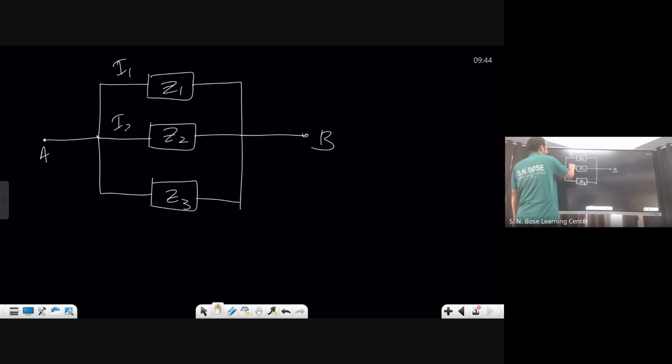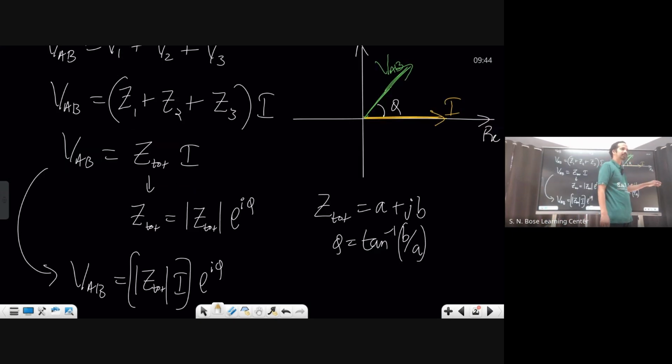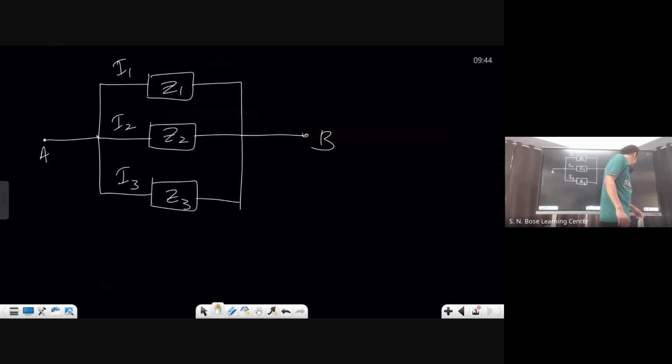I1, I2, I3. It's not comfortable to take current along the real axis. Here we took the real axis as a reference, and with respect to that we measure the phase lead or lag. So here it is better to take voltage as the reference along the real axis, because voltages are the same.